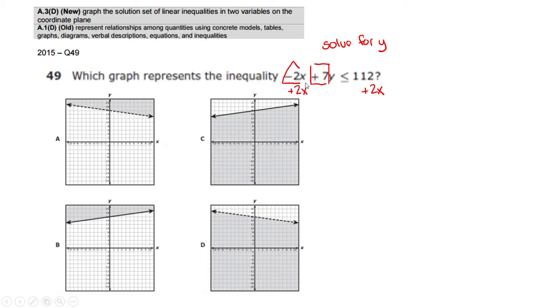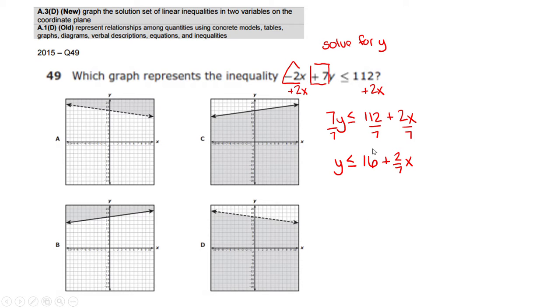All right, we're going to know that this is going to cancel, leaving me with just 7y on the left side. But on the right side, we need to know what 112 plus 2x is. Well, those are not like terms, so we're going to write them side by side. Then we're going to divide by 7. So both of these terms, everything divided by 7, and type in 112 divided by 7 into your calculator, and then 2 divided by 7 in your calculator.